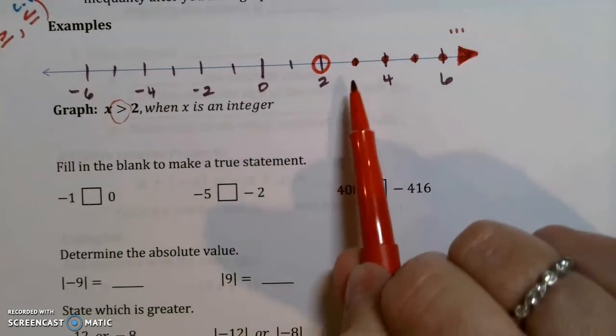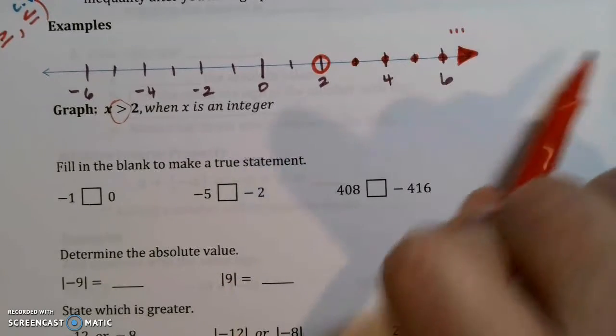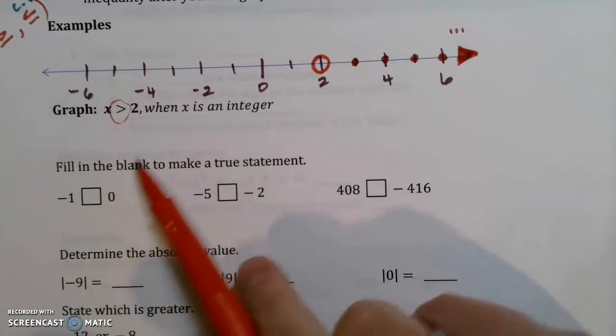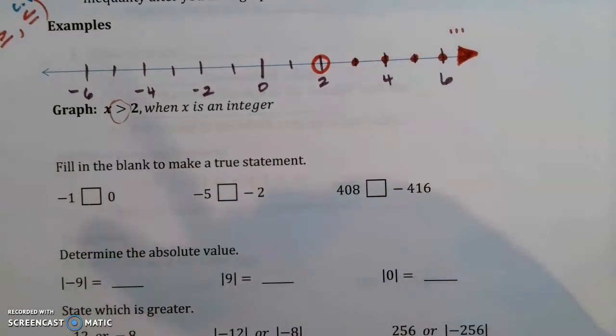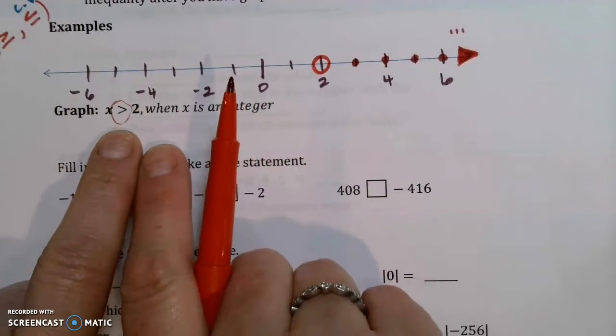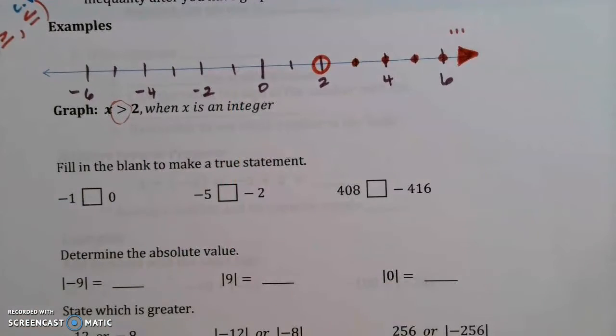So any integers that are off here to positive infinity would satisfy this inequality. It would give me a true statement. So if I said 6, okay, 6 is greater than 2. Yeah, 6 is greater than 2. So that is an appropriate response for that inequality.